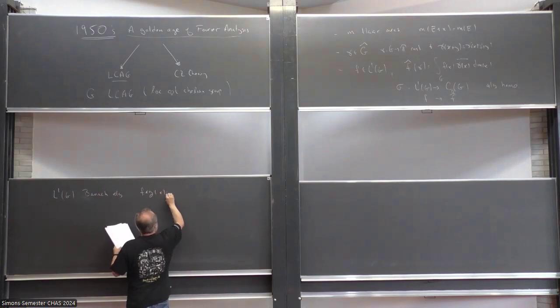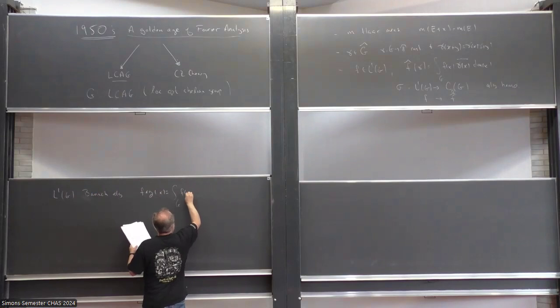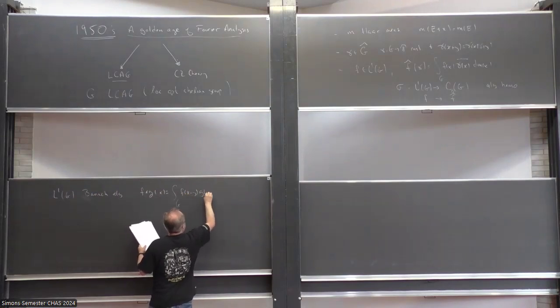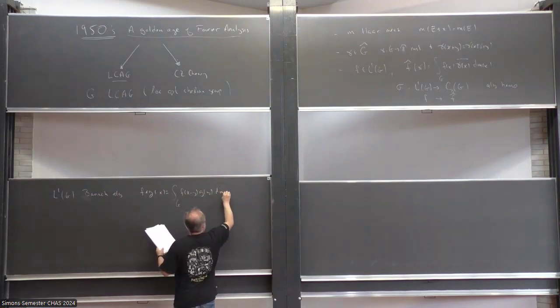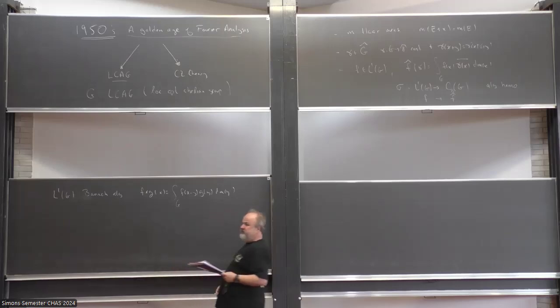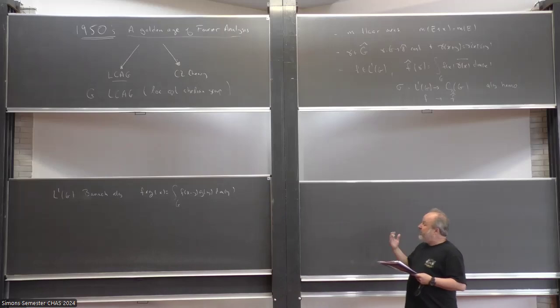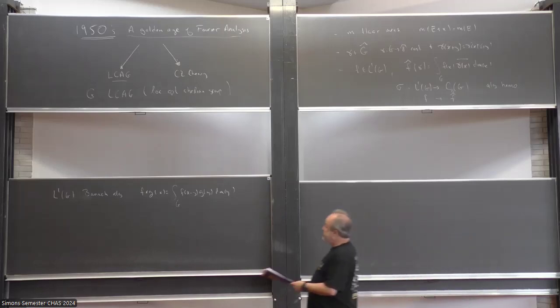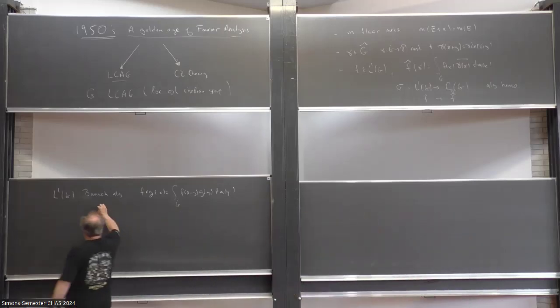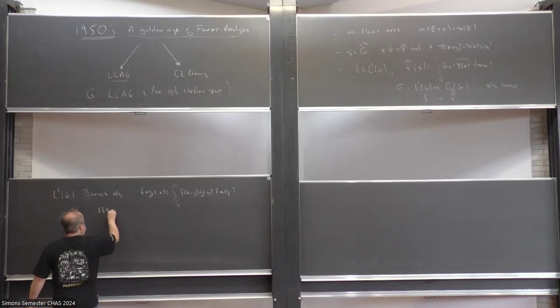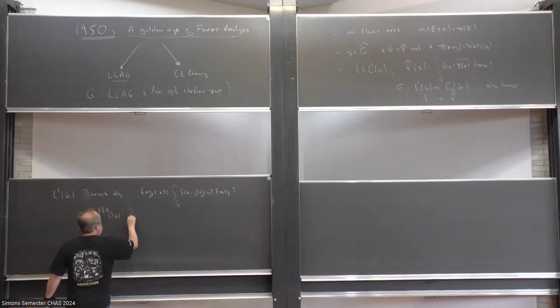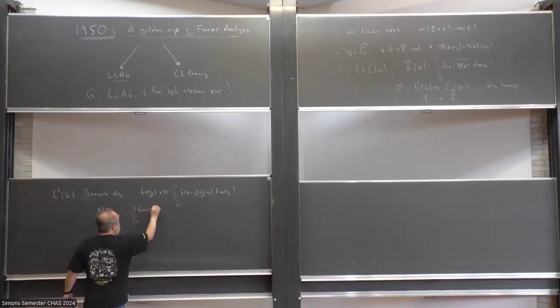At a group element x, I simply integrate f of x minus y, g of y, against y. That makes it into an algebra. It is also a Banach space with a natural norm. The L1 norm, just to remind you, is the integral of the absolute value of f of x, and to be in this space just means that this integral is finite.